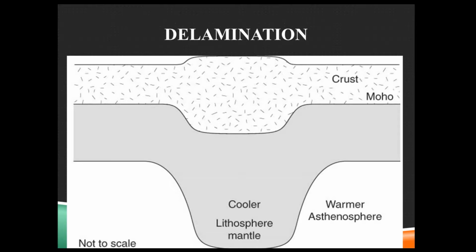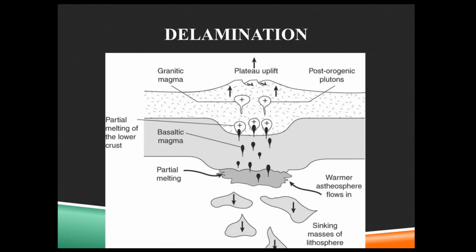That makes it denser. It's cooler and denser, and it's sticking down like that. It can actually start to drop off. Its tensile strength is inadequate to keep that large lobe there. Chunks of it just drop off and sink down into the mantle.